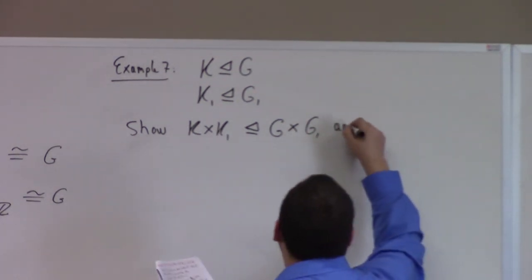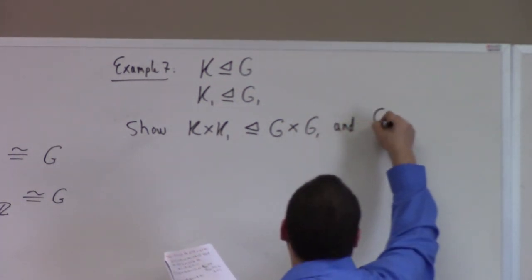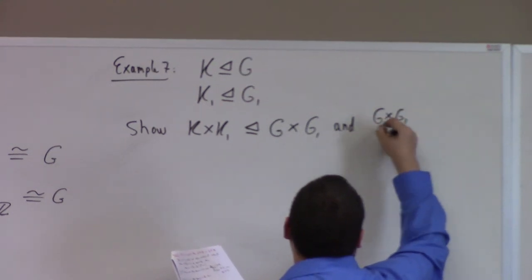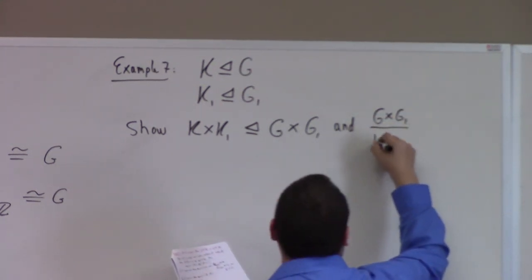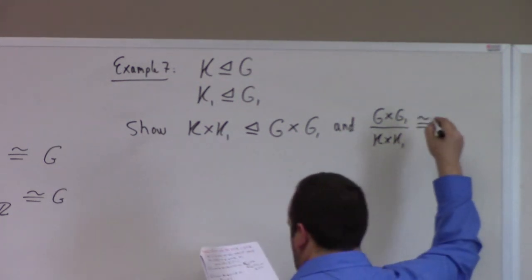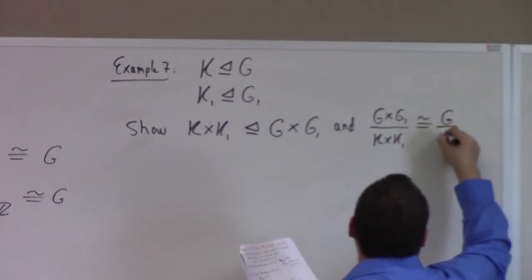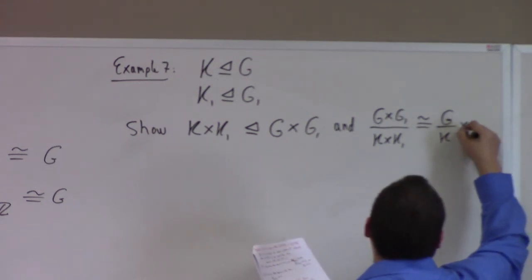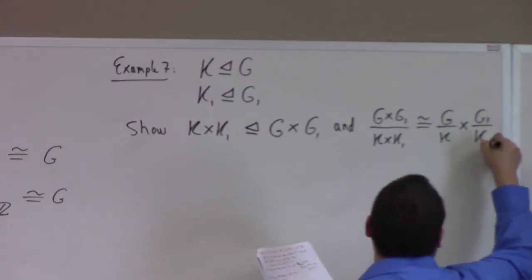And to boot, we want to show that the quotient of the Cartesian product of G and G1 by K and K1 is isomorphic to G mod K cross G1 mod K1.